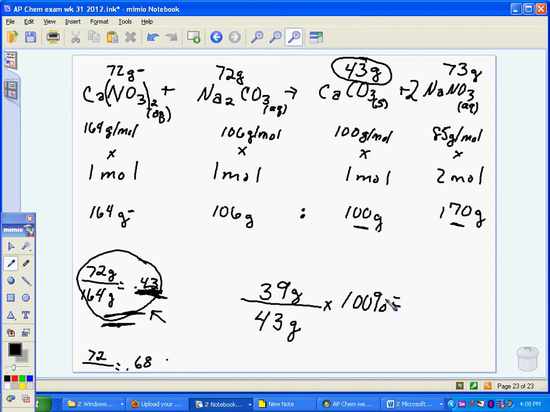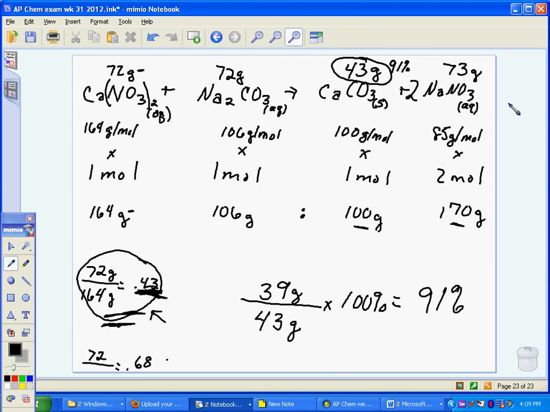Divided by 43. No, that's a 91%. So we got 91% of this. There we go. We got about 91% of this right here.